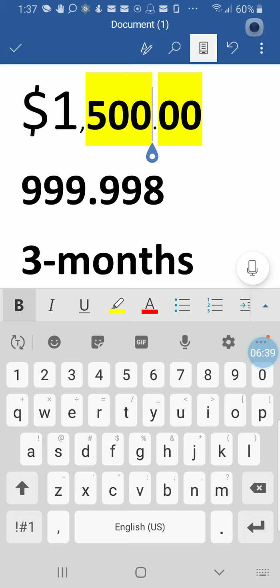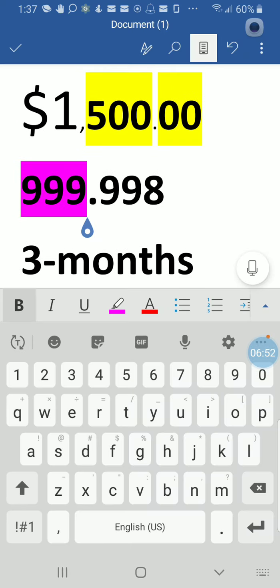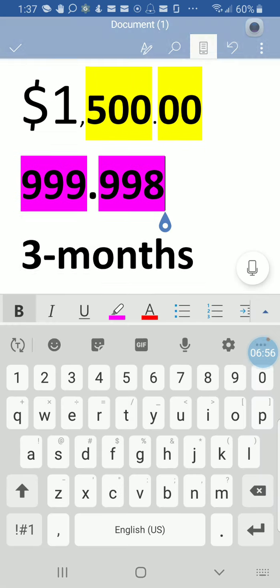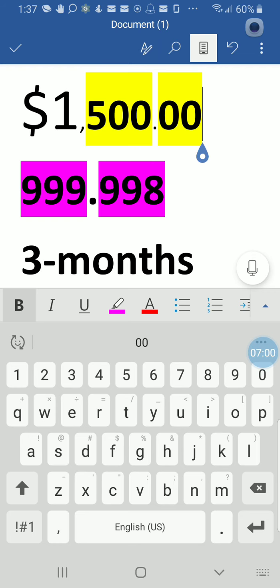This one right there, of course, will be the bigger number. And if you want to highlight that in pink, I'm like, well, this amount right here I can go ahead and put in pink. Maybe that's supposed to be the amount written before taxes come in or something like that.